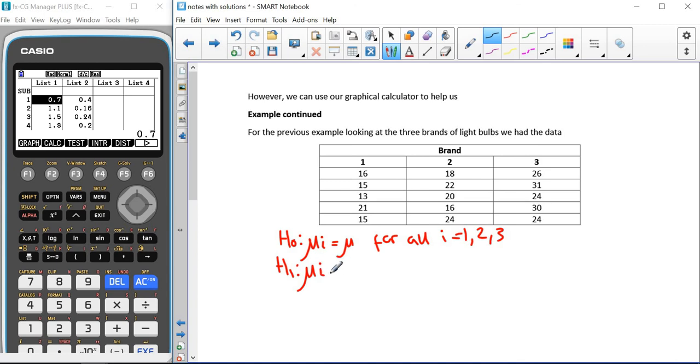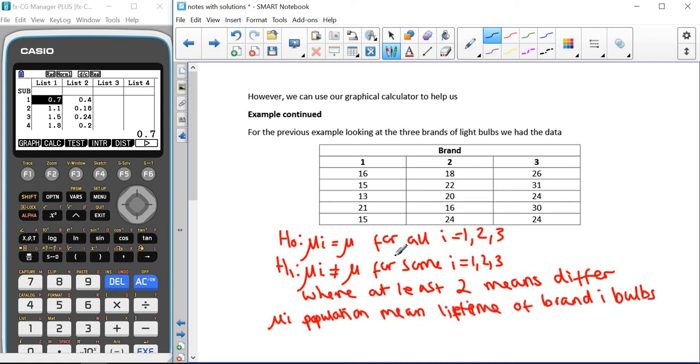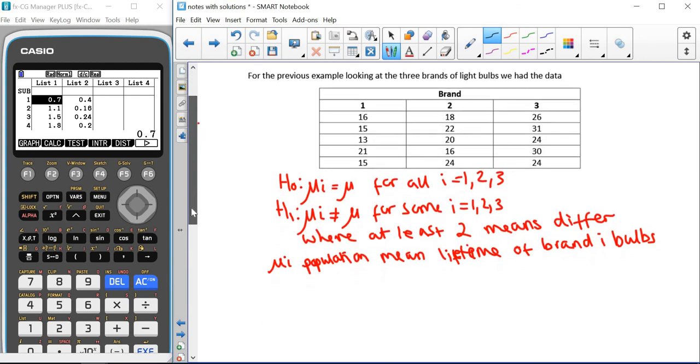Our H1 is that mu I is not equal to mu for some I equals 1, 2, 3, where at least 2 means differ, where mu I is the population mean lifetime of brand I bulbs. It's a little bit shorter than before, but it's the same thing.